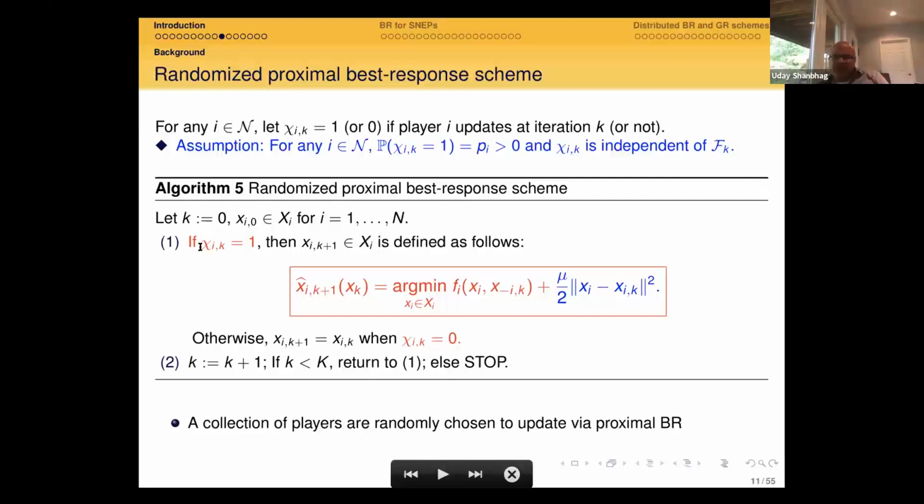The randomized pertains to this specification here, which allows us to decide whether player i should update or not. And the second is, of course, the proximal part, which is this. So the key difference between the randomized scheme and the unrandomized scheme is that only some subset of players will end up updating, whilst the remaining subset will not necessarily do so.